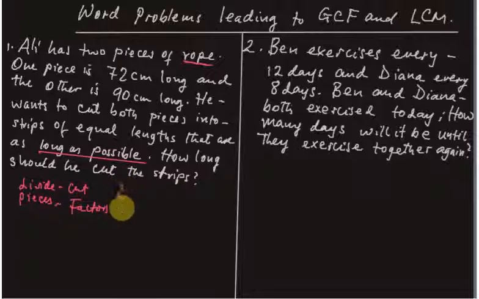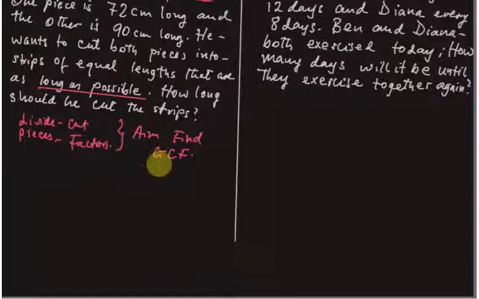Okay, the aim here is to find the GCF of these two numbers. We can go by prime factorization or by listing, but I find myself that prime factorization is favorable, so we will use prime factorization.